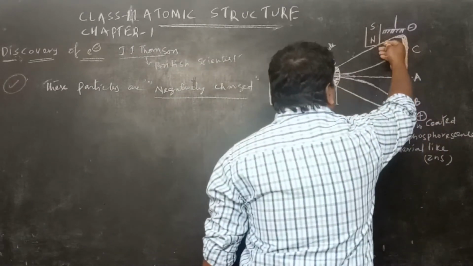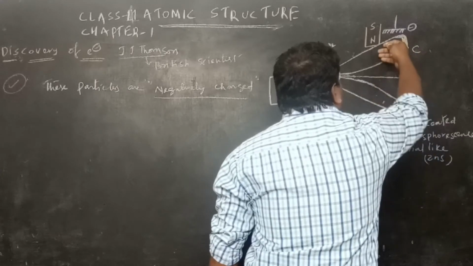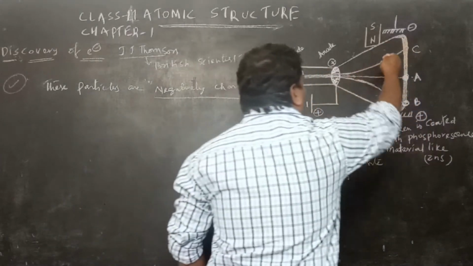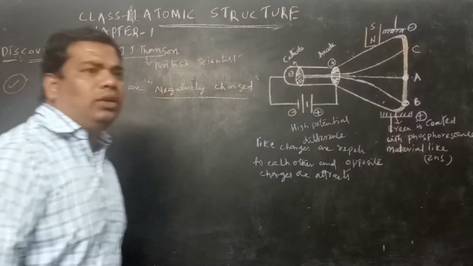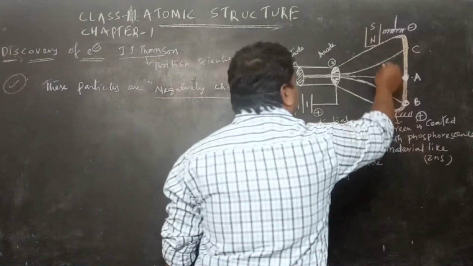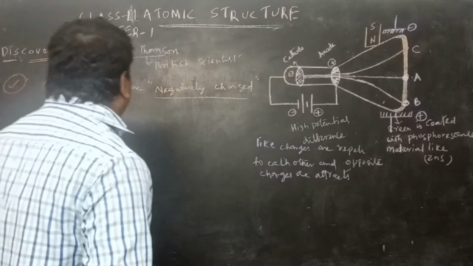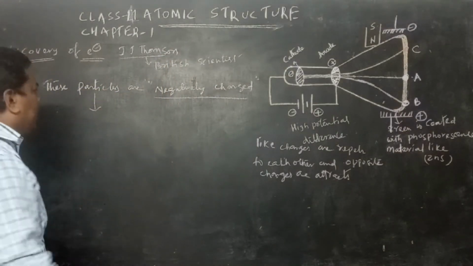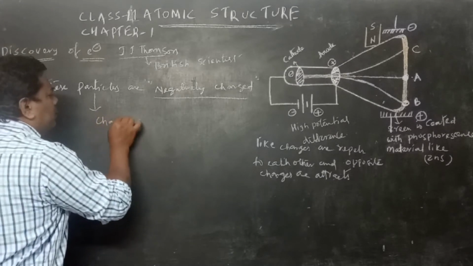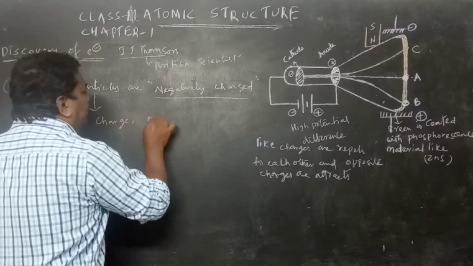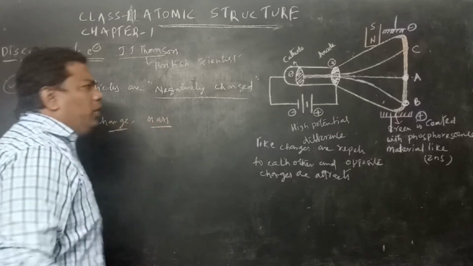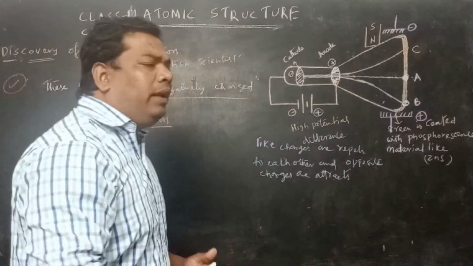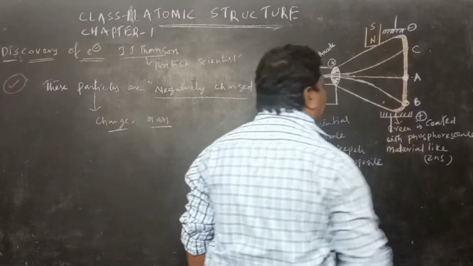He says that the rays are deflected oppositely by the electric field and the magnetic field. He concluded that these charged particles have some particular mass and charge, because we know the amount of electric field and the strength of magnetic field we are applying.